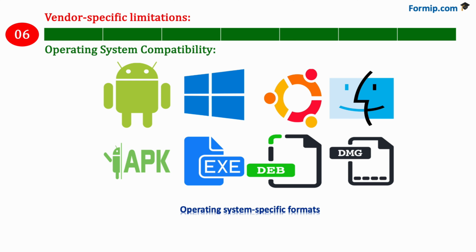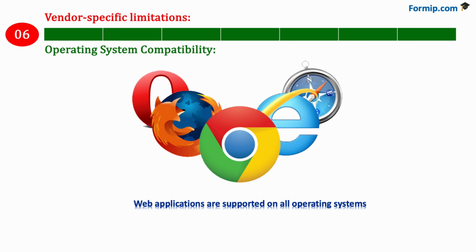For example, on Windows, it's .exe apps, and on Android, it's .apk apps. For this reason, it is best to work with web applications, as they can be used on any operating system. All you have to do is install a browser to be able to run them.